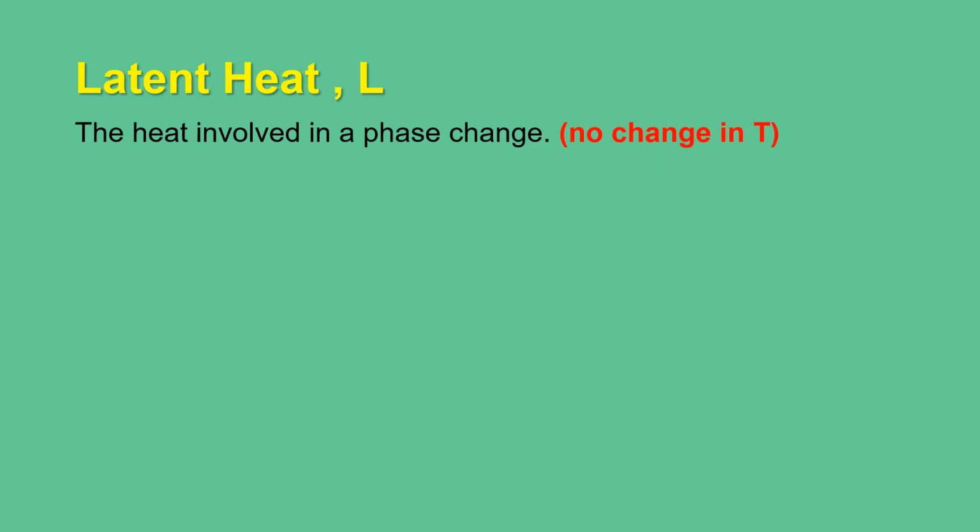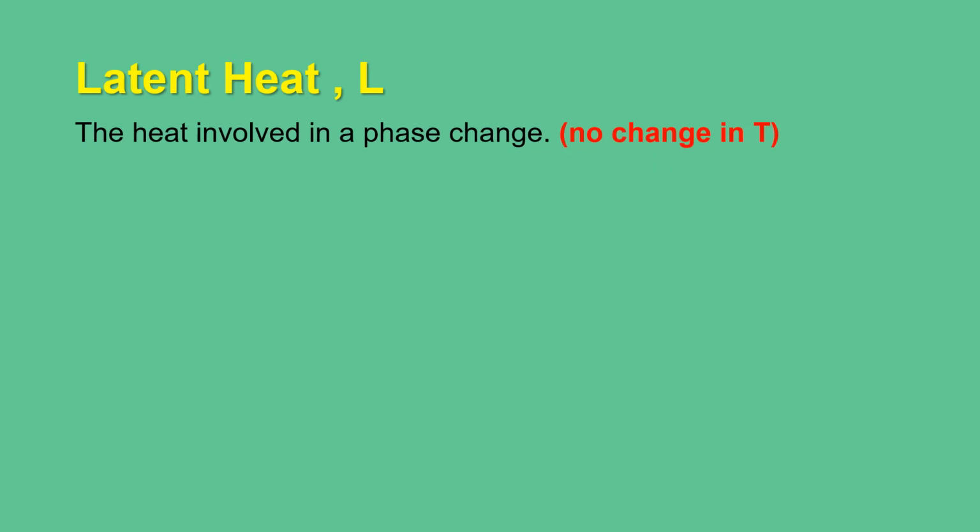In general, when heat energy is transferred to a substance, its temperature increases. However, when added or removed, heat may cause only a phase change. The temperature of the substance does not change. Latent heat is the heat involved in a phase change of a substance.